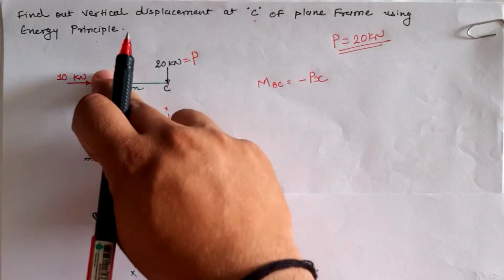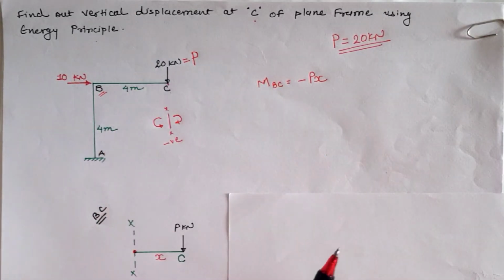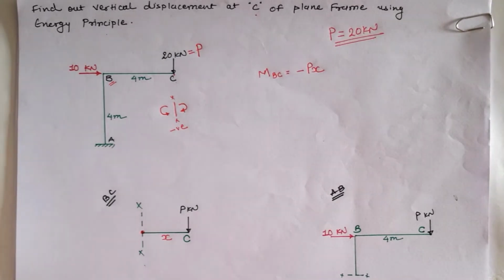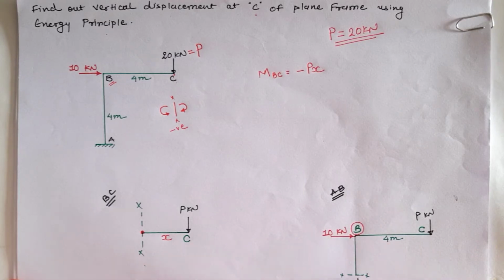Similarly, for the segment AB, if we take the origin as B, then the cross section looks like this, and the sectional distance is X meter. We have to calculate the moment at location XX.